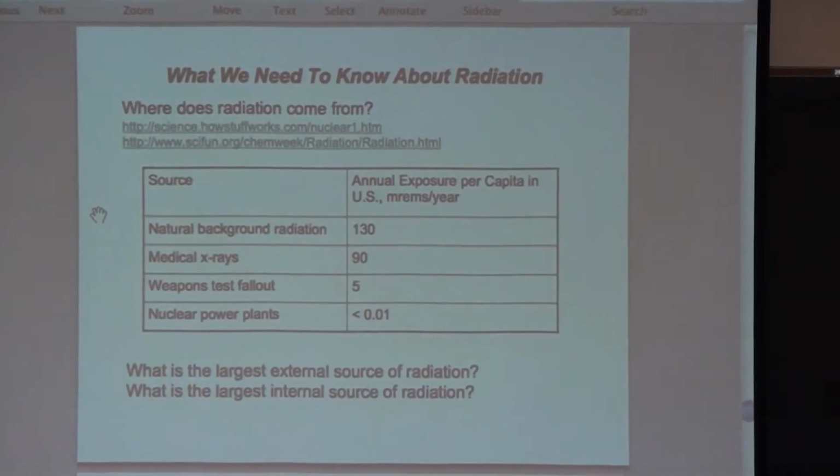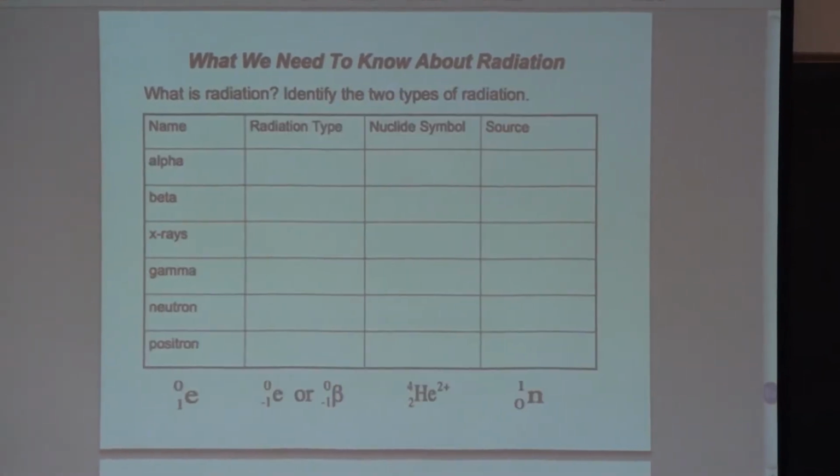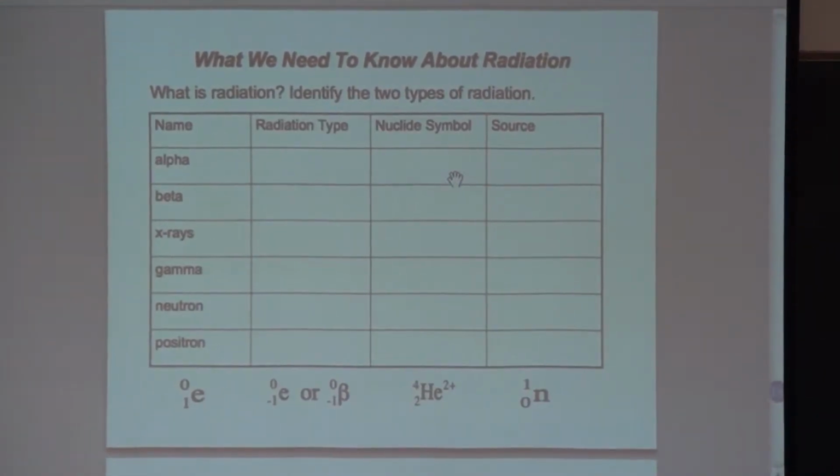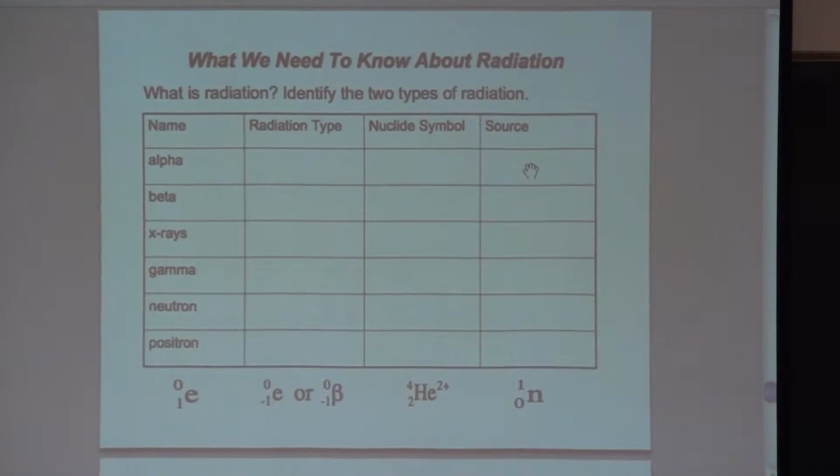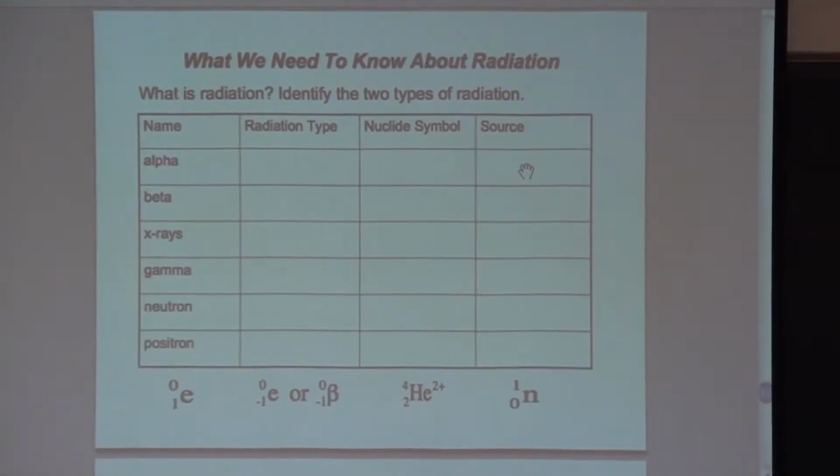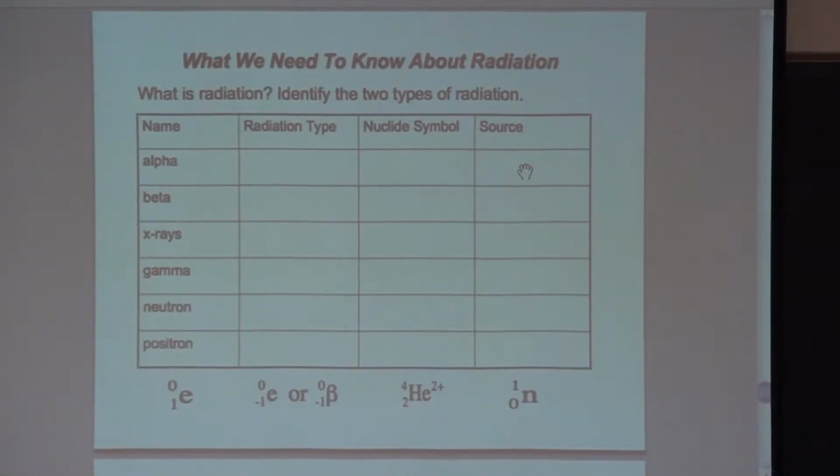Before we go on, I forgot to mention the source. Where do alpha particles come from? It could be from the sun. So it could be from the atmosphere.